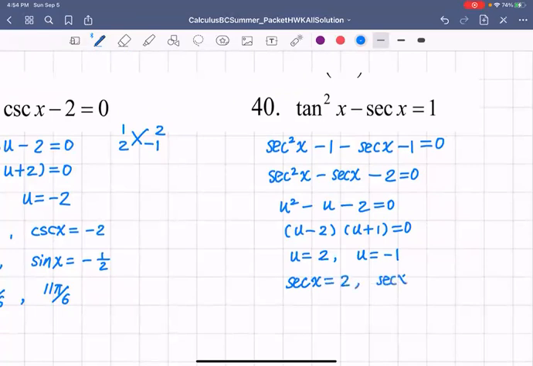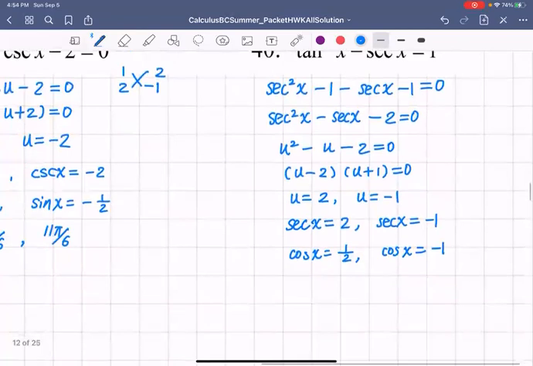But secant is the reciprocal of cosine, so cosine is 1/2 and -1. Okay. And then for cosine being equal to 1/2, there's pi over 3. So x is equal to pi over 3 and 5 pi over 3.